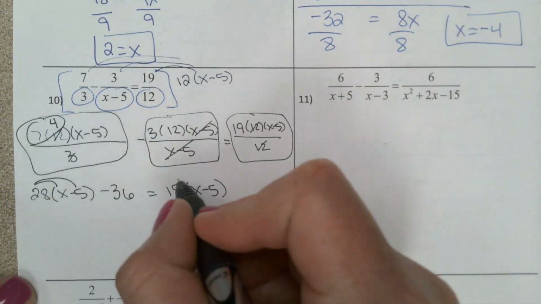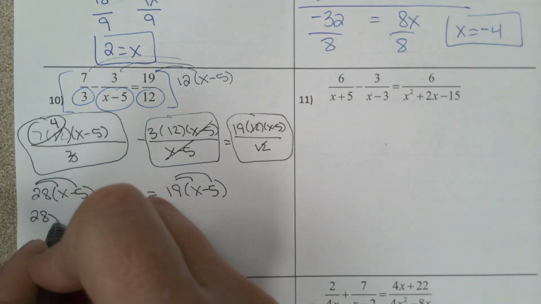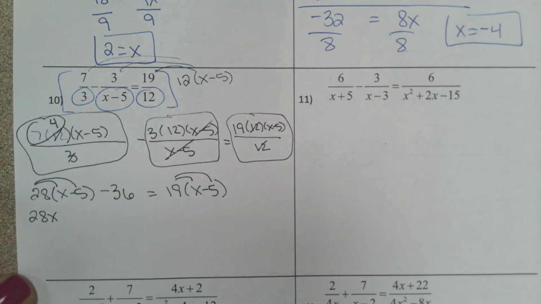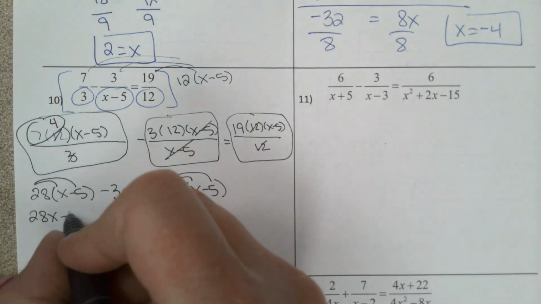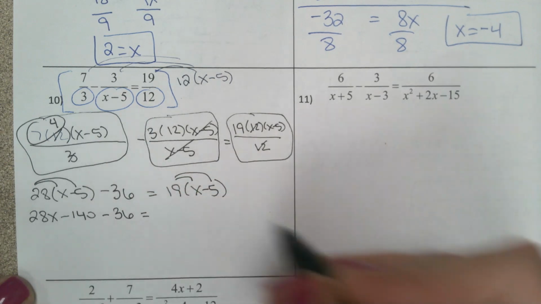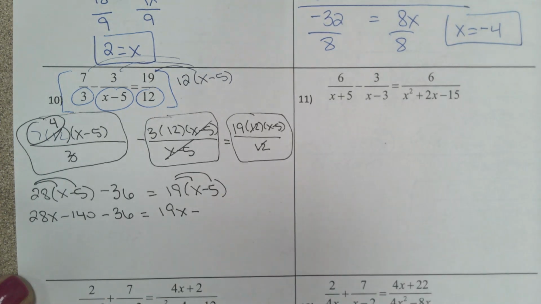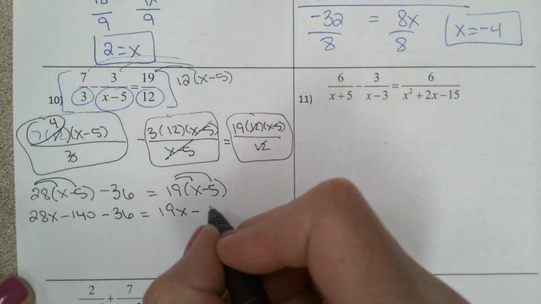So I'm going to distribute to clear parentheses. I get 28x. 28 times 5 is 140. Bring down your negative 36. Now distribute your 19 and get 19x. 19 times 5 is 95.